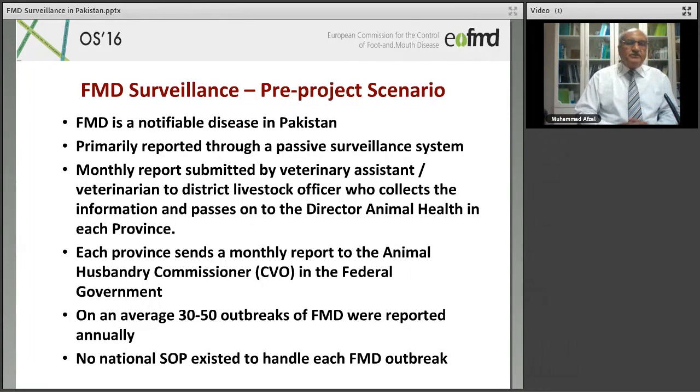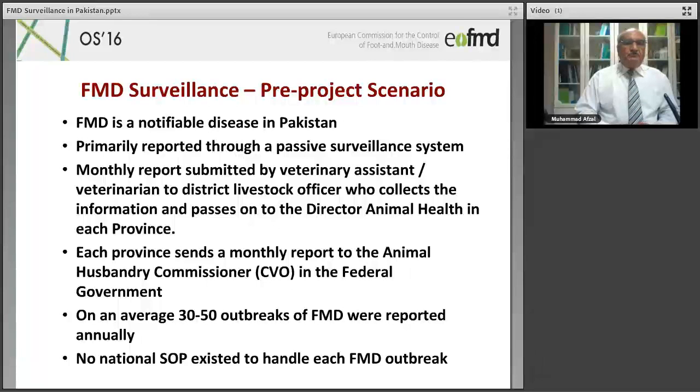FMD is the most important and most prevalent disease in Pakistan, and the surveillance system basically moves with the help of field veterinary staff. All the reported outbreaks are submitted to the district livestock officer on a monthly basis, and then all this information is gathered at the central level in each province.